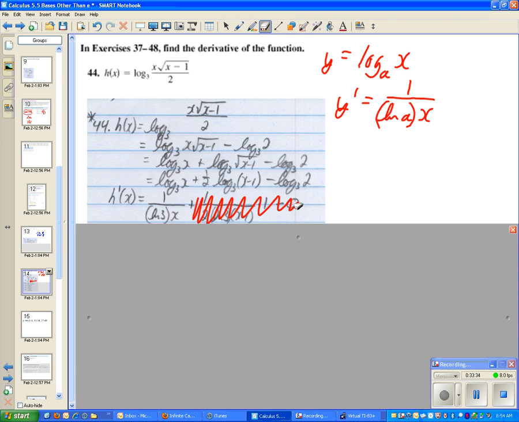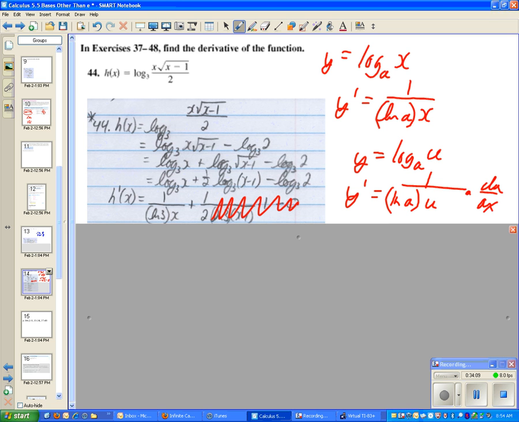All right. For the next one, keep the 1/2. Make sure I write this right. All right, so when we have the logarithm of u to the base of a, we get, for our derivative, 1 over the natural log of a times u times the derivative of u.